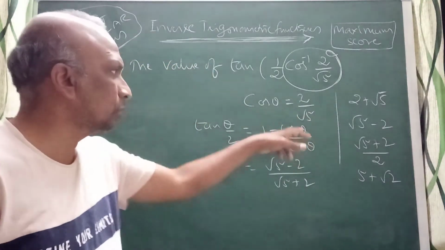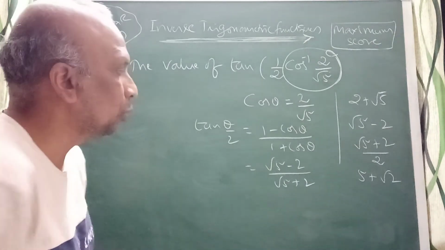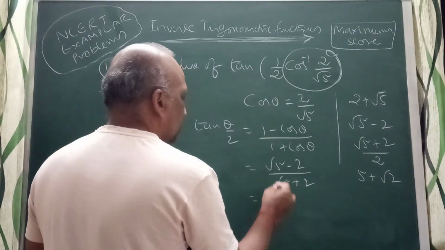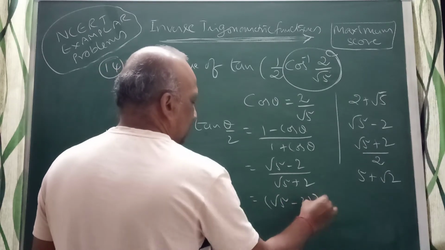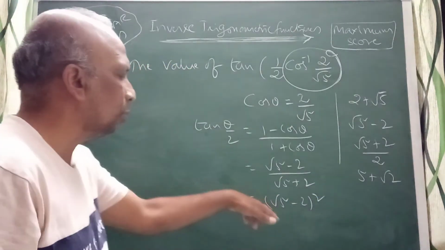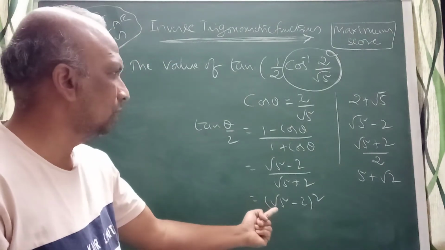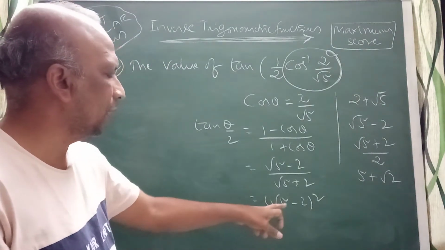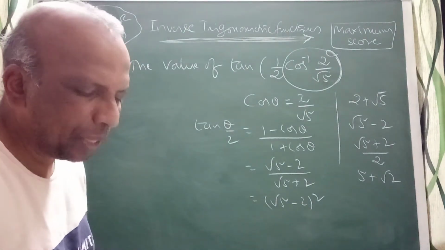Substitute this one 2 by root 5. Root 5 minus 2 by root 5 plus 2. If you rationalize this one, it will come root 5 minus 2 whole square, right? Now the denominator will become 5 minus 4, 1. So you can expand this. If you expand this one, you will get 5 plus 4, 9 root 5 minus 2 whole square.